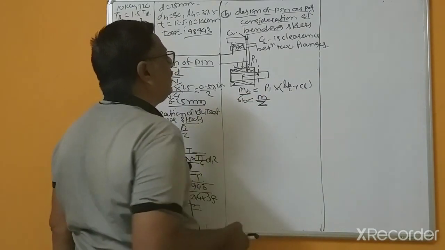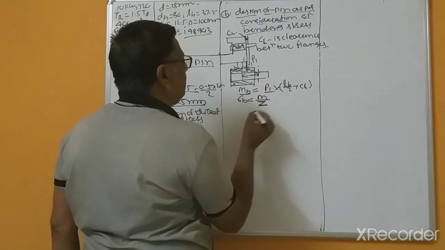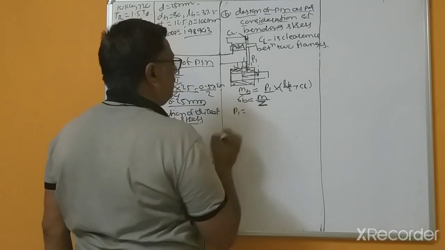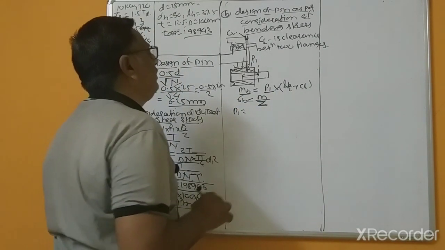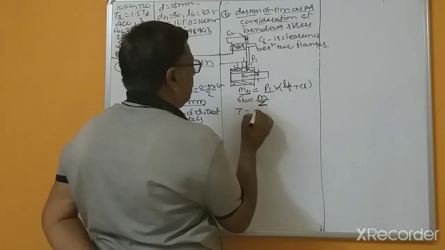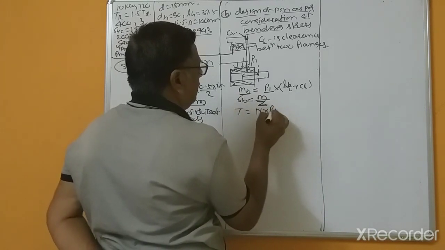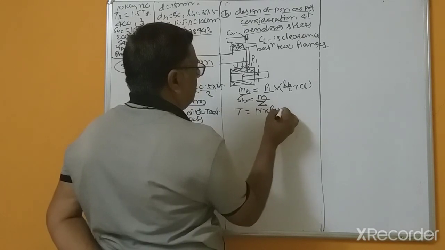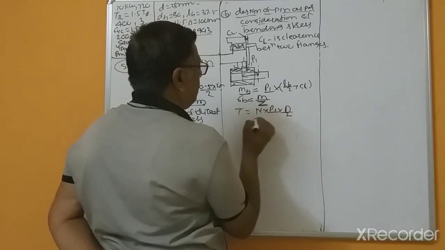Now first we'll calculate MB. So we require P1. What is the formula for P1? Because torque equal to N into P1 multiplied by D divided by 2.